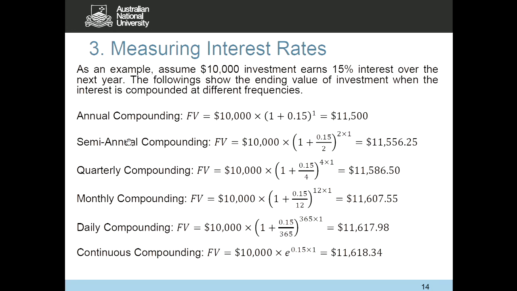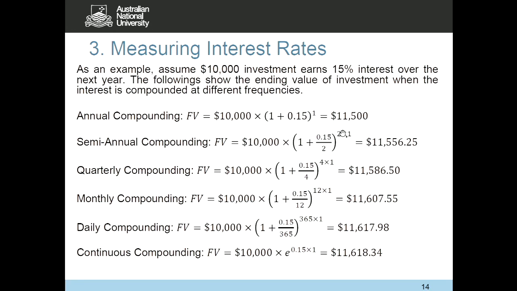How about semi-annual compounding? Well, you take that 15%, but you compound twice a year, every 6 months, which means you're going to compound 7.5% in the first 6 months and 7.5% in the next 6 months. So that's going to happen twice in a year.